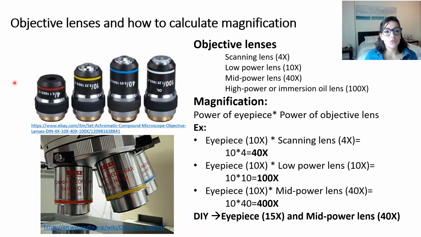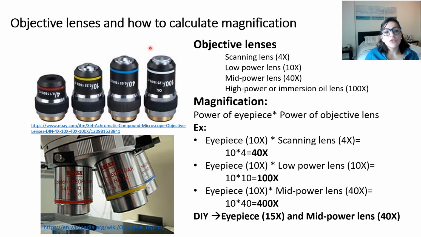Once we have focus with the 4x lens, we can increase the power to the 10x lens. Then we can go up to the 40x lens. If we want to use the 100x lens, we will need to use the immersion oil. That's why this lens is also known as the immersion oil lens.